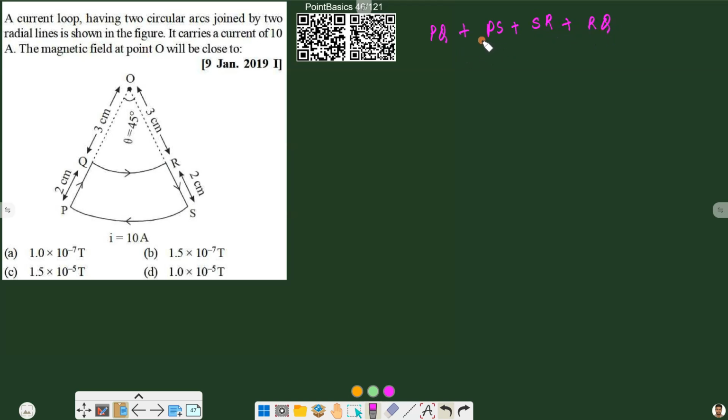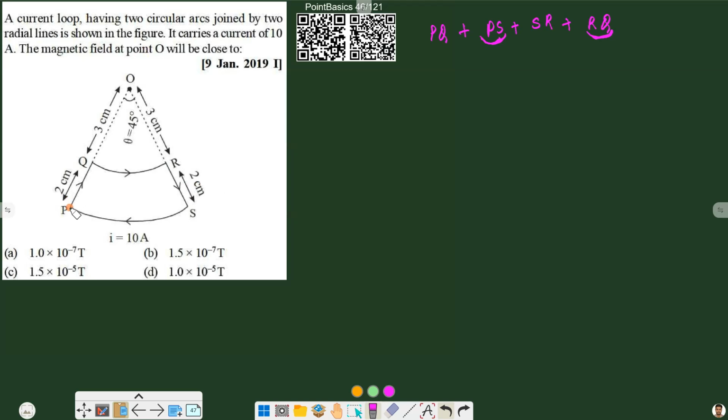Now this PS is an arc, so it is a part of a circle, and RQ is also a part of a circle, an arc. So here we will use the magnetic field due to a circle, and PQ and SR are straight conductors, so for them we will use the magnetic field due to a straight conductor.